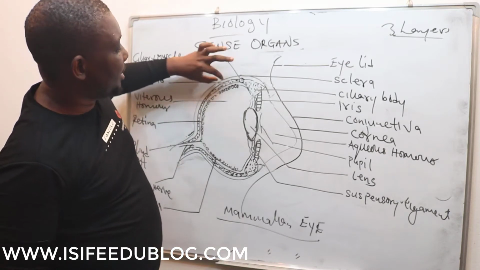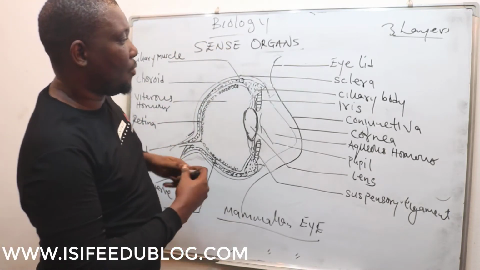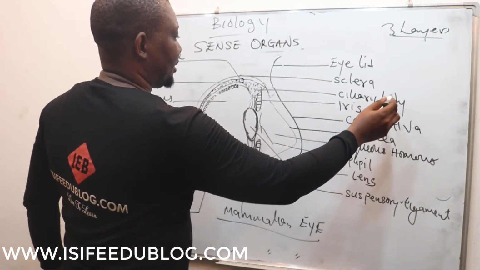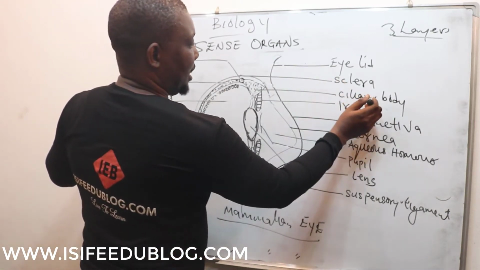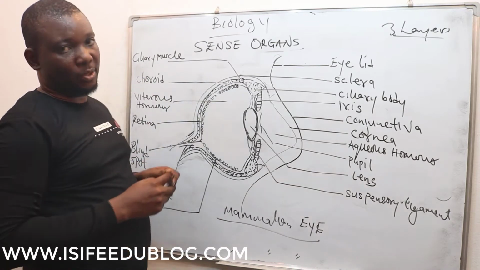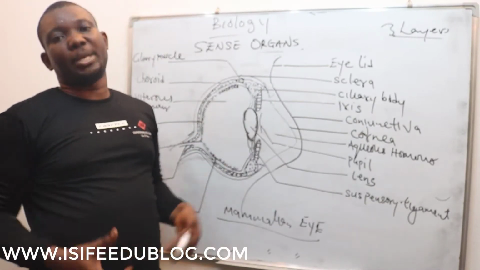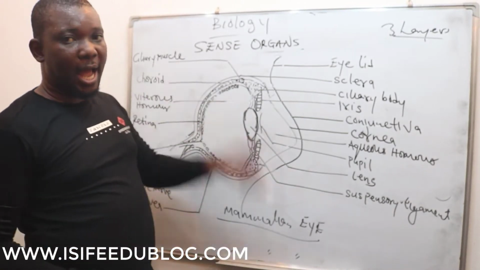Okay, now moving inside, in the middle layer of the eye we have three structures: the choroid, the ciliary body, and the iris. The choroid here is vascularized. It is rich in vessels, supplying blood and nutrients to the eye.